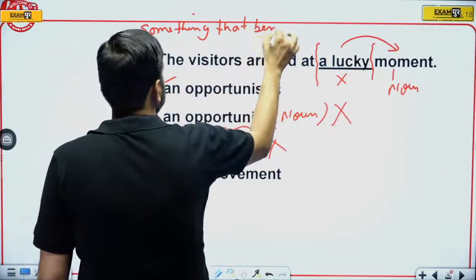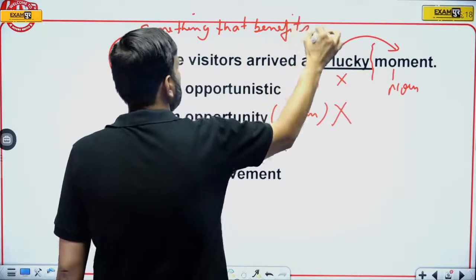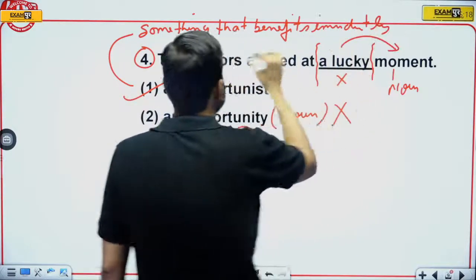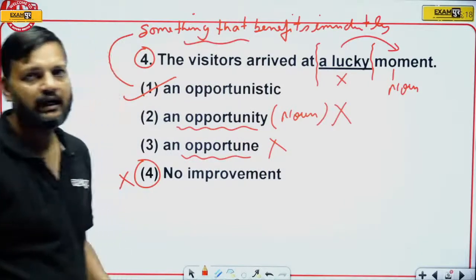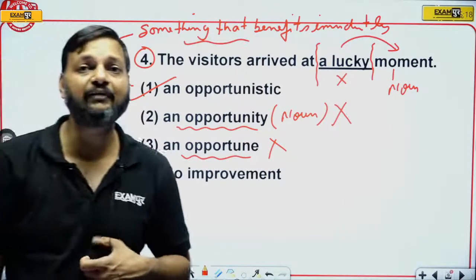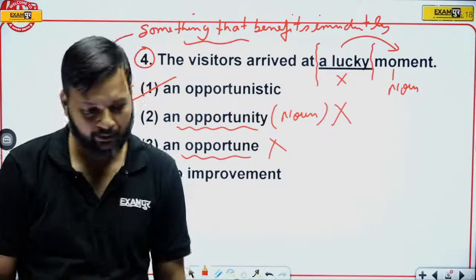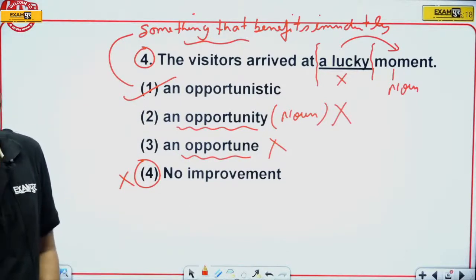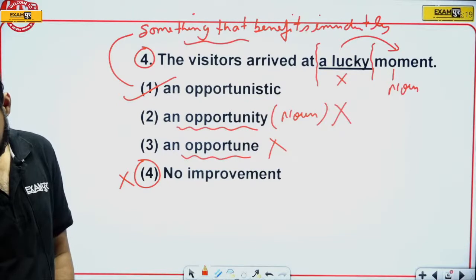Opportunistic means something that benefits immediately. So here opportunistic would be the correct answer.